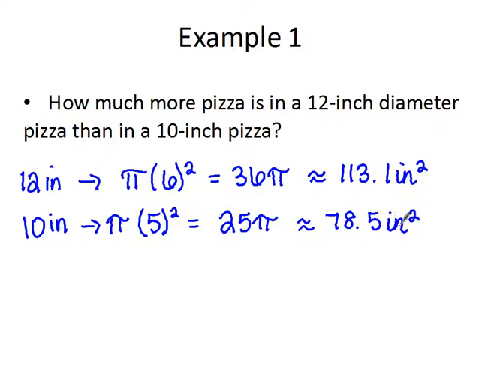So if we want to know how much more is in the 12-inch than in the 10-inch, we need to subtract those two. So we're going to take 113.1 minus 78.5, and we get 34.6 inches squared. And that's about the size of a 7-inch by 5-inch chunk of pizza.